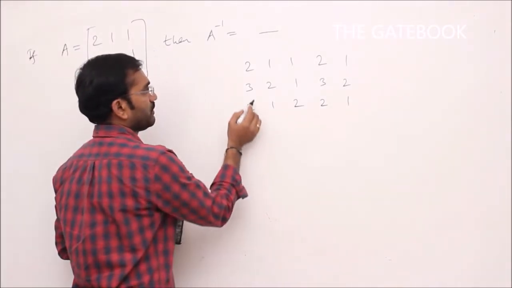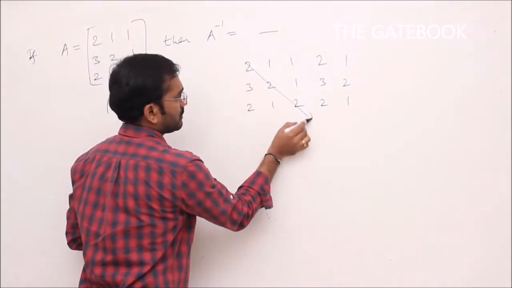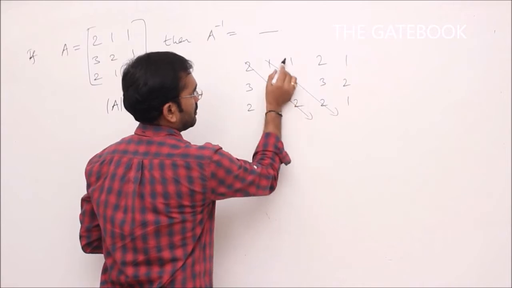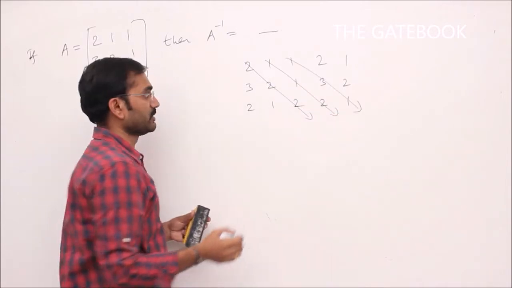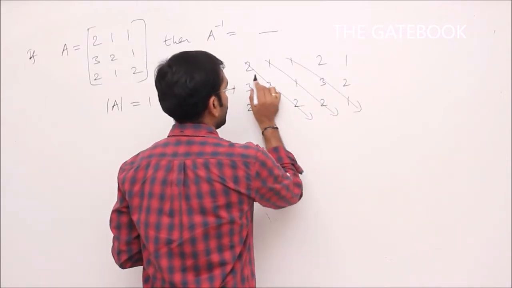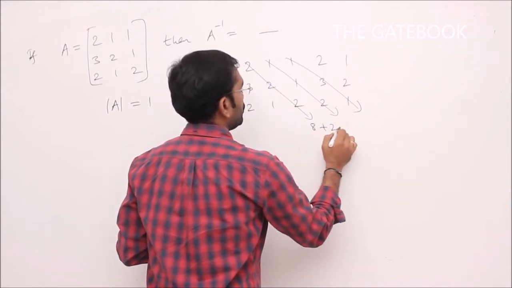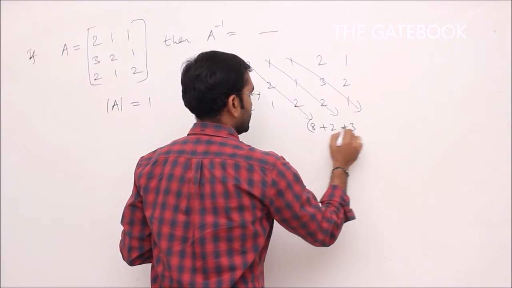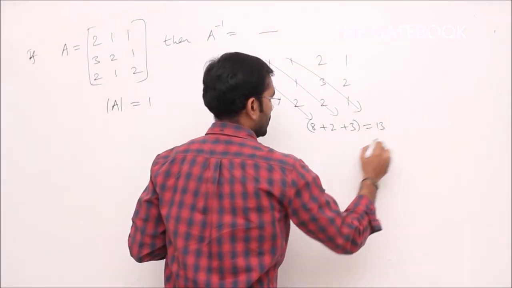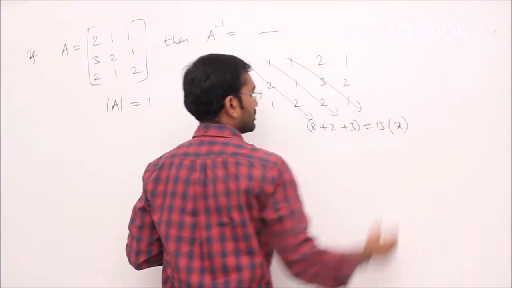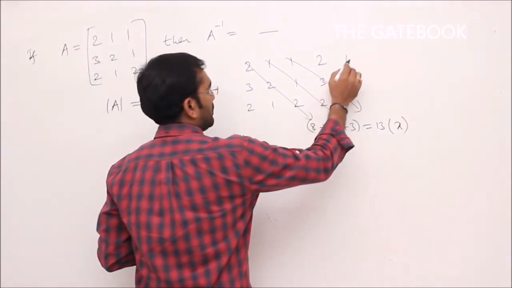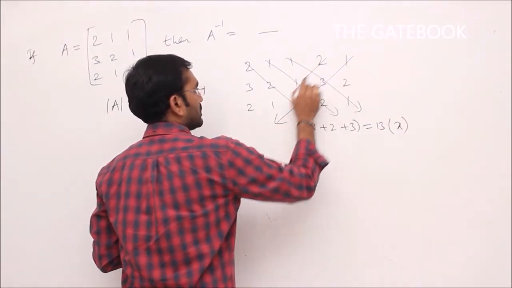Now multiply along these diagonals. It will give 2 into 2 into 2, 8, plus 2 plus 3. So add these three, we will get 13. Let it be x. Now again multiply along these diagonals.